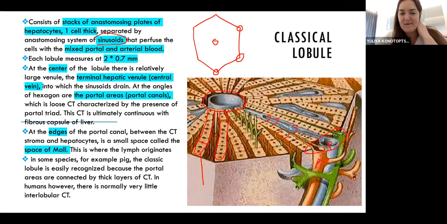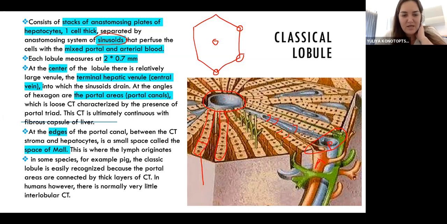And these sinusoids carry mixed blood. What do I mean by mixed blood? You can see that there are two vessels draining into this area. What are these two vessels? Hepatic artery and portal vein.